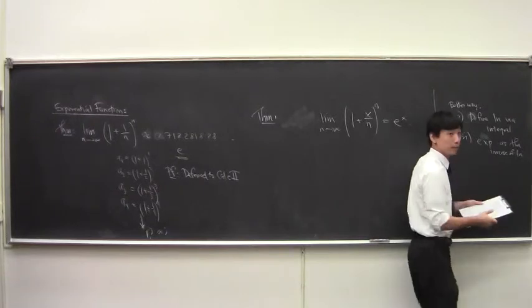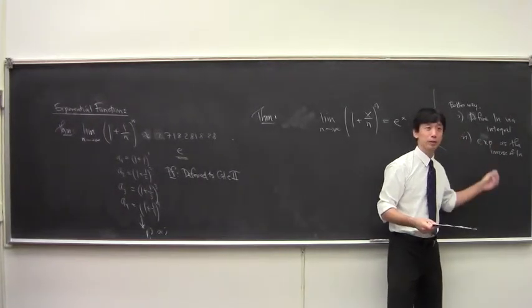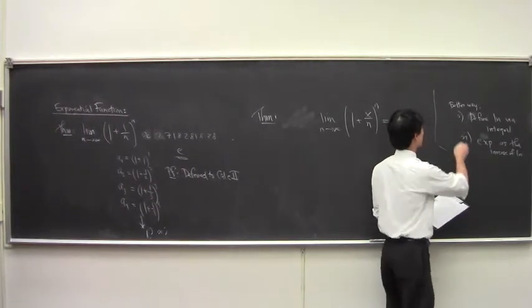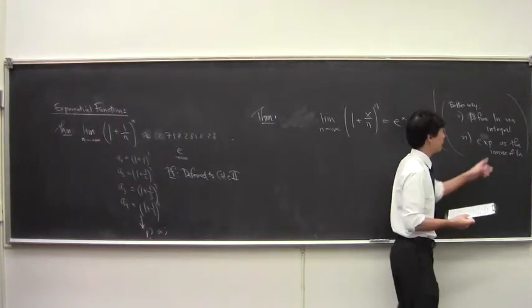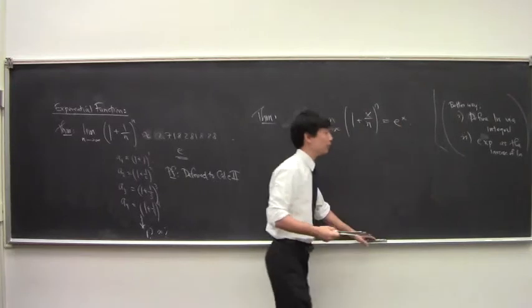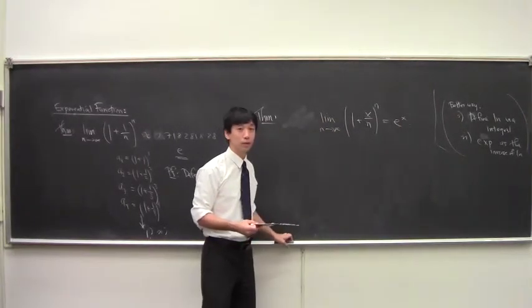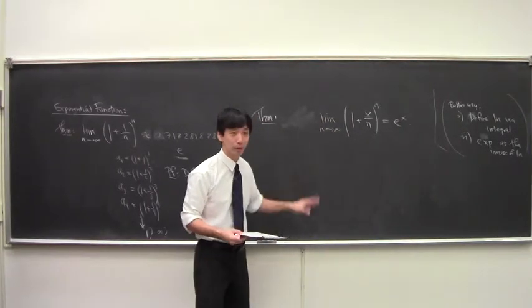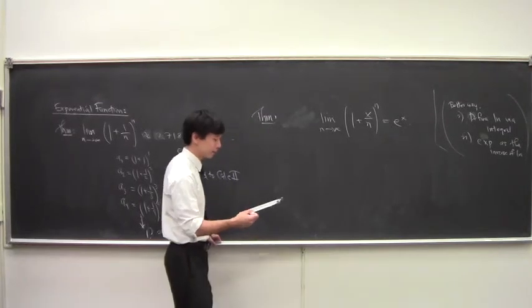And this actually is the way to define irrational exponents more properly. But we can't do it because we don't have the integral. We won't be able to do it until next semester or at the end of this semester. But even though we could do it at the end of this semester, we will not do it.